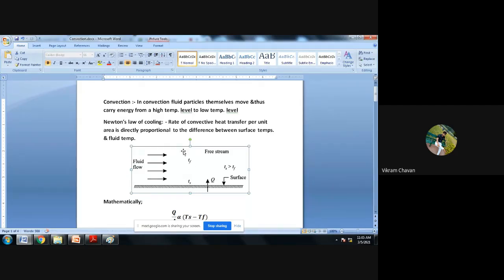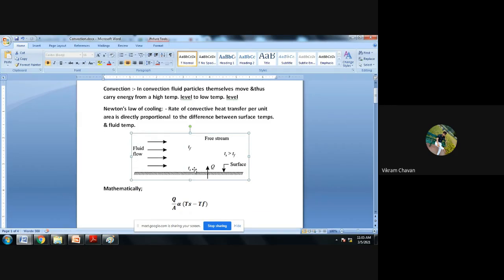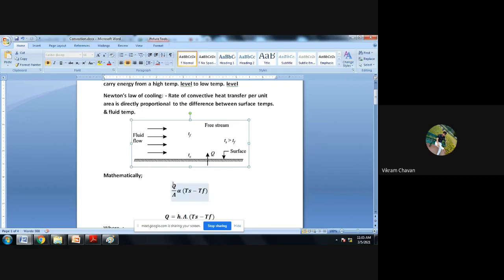So according to Newton's cooling law, the heat transfer from the plate to the fluid flowing over it is stated mathematically as: heat transfer rate per unit area, that is Q by A, is directly proportional to the temperature difference between the surface and the fluid.